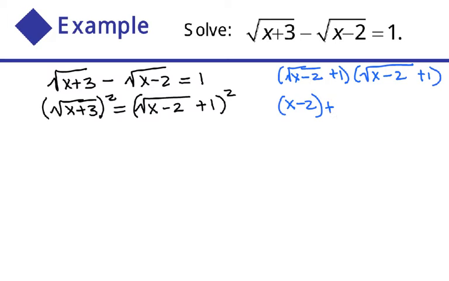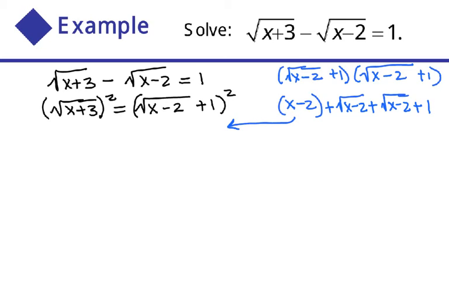Plus, outer gives us the square root of x minus 2. Inner gives us the square root of x minus 2. And last gives us 1. So that's what's going to go over here.